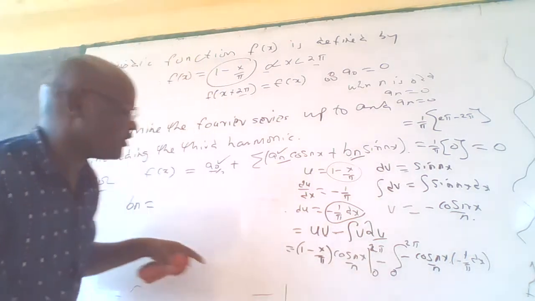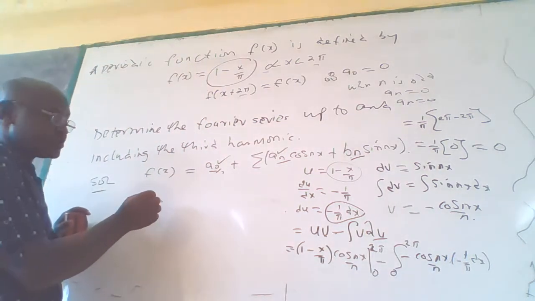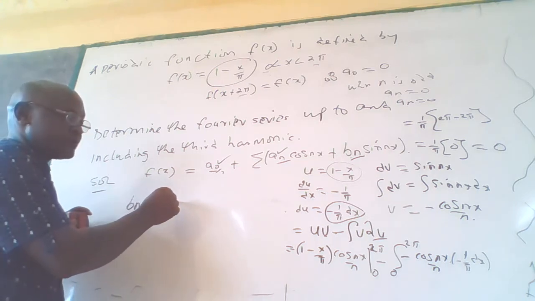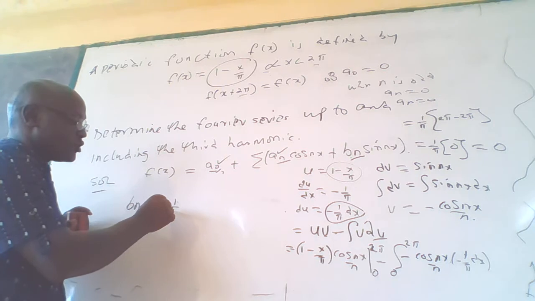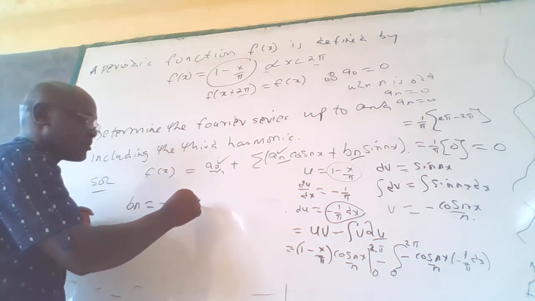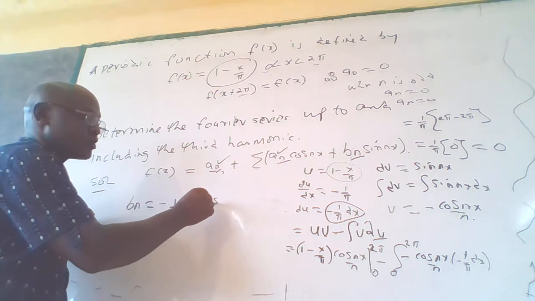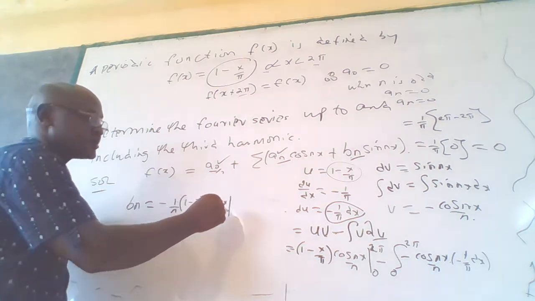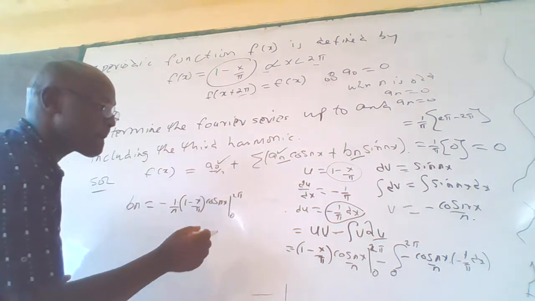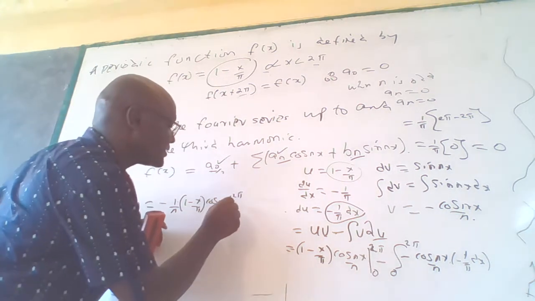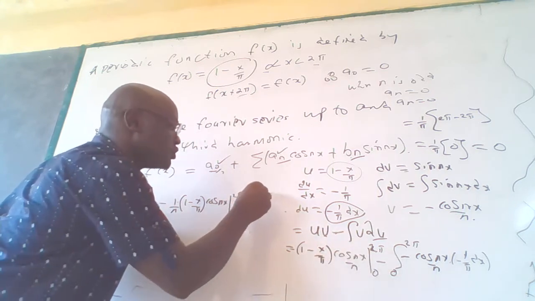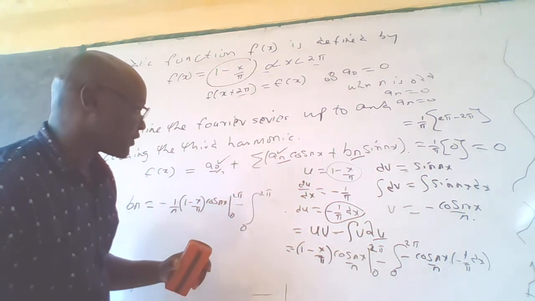So here we have Pn equals minus 1 over n into (1 minus x over pi) cos nx from 0 to 2 pi, and then minus this sine integral from 0 to 2 pi.